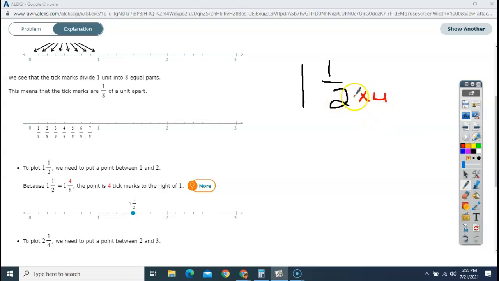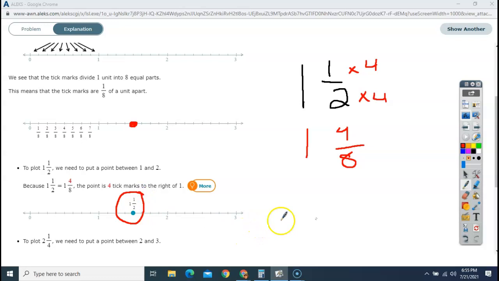And anything you do on the multiplication of a fraction on the bottom, you do it on the top. So 1 times 4 is 4, 2 times 4 is 8. So I would literally have to go 1 and then 4 eighths. 1, 2, 3, 4. And that would be considered my 1 1/2. Okay, and so you see that right here.